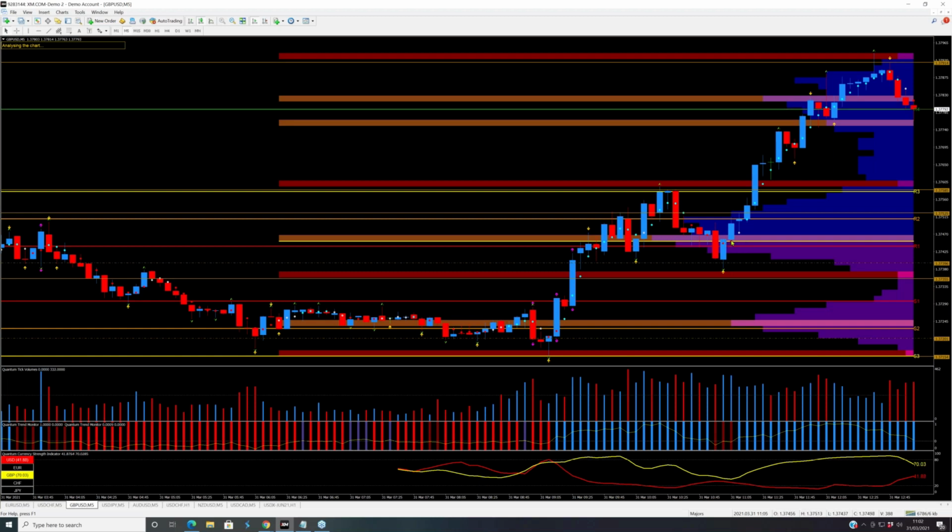And really the break didn't happen until this point here, well after the open. And this is the trend higher that we've had for this pair, and it's been a really nice move for cable. Also, we can see here, this is the divergence that I talked about.